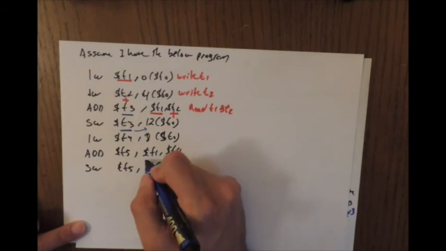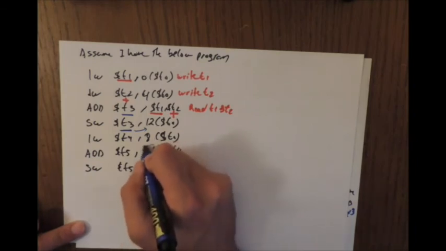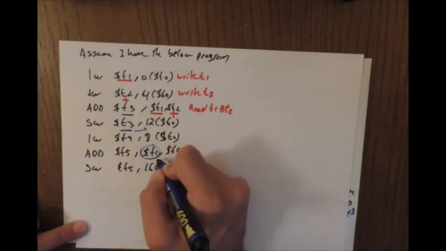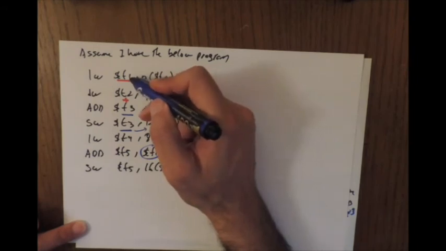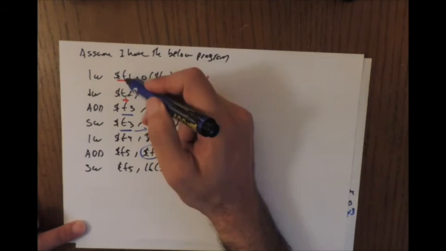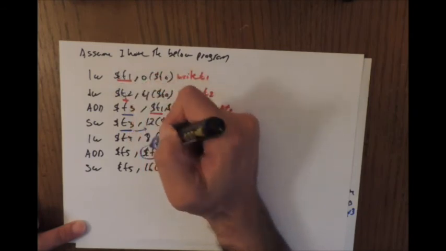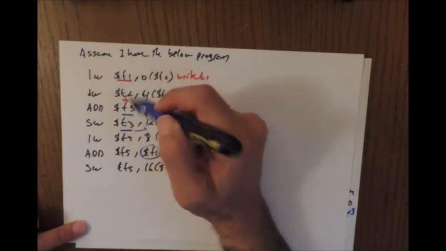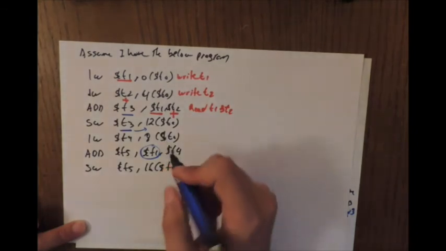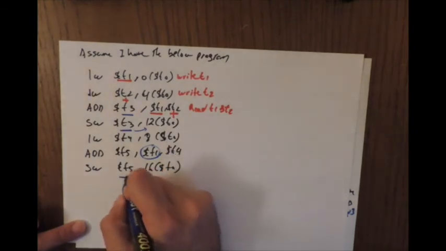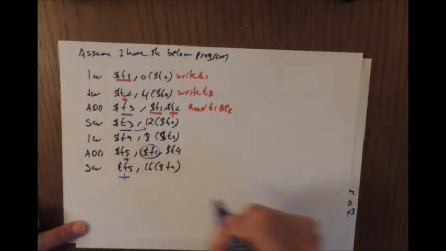I have T1. Okay, so this T1. I noticed that this T1 also has a dependency, but does this dependency matter after so many instructions? We're gonna find out now. And now I have T5, which is another dependency.